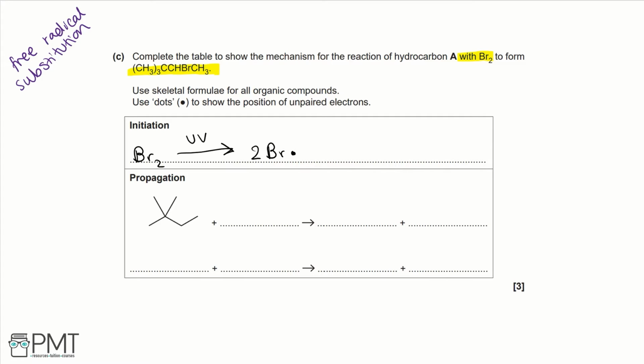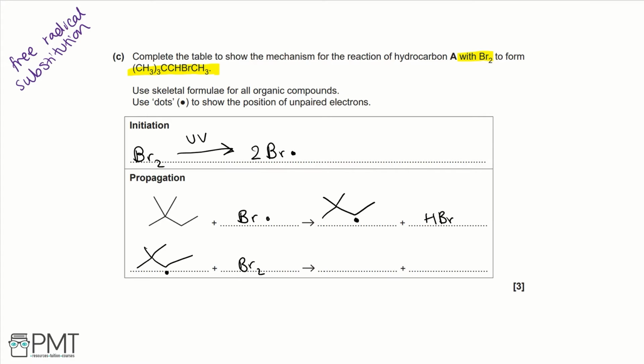Then with propagation, you start by adding a bromine radical, and then you get hydrogen bromide, but then you'll get a radical of your hydrocarbon. So you'll have the radical where you want to add your bromine at the end, because in the next stage you take this radical and then you're going to add Br2.